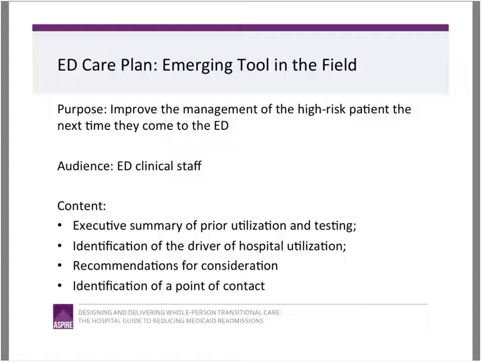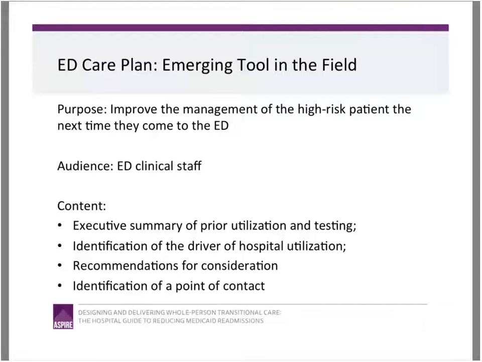The ED care plan would include recommendations for the ED clinician's consideration, such as avoiding certain controlled substances or maybe exhibiting parsimony with decisions to engage in repeat testing. It would invite the ED clinician to contact the dedicated transitional care or high utilizer care team.